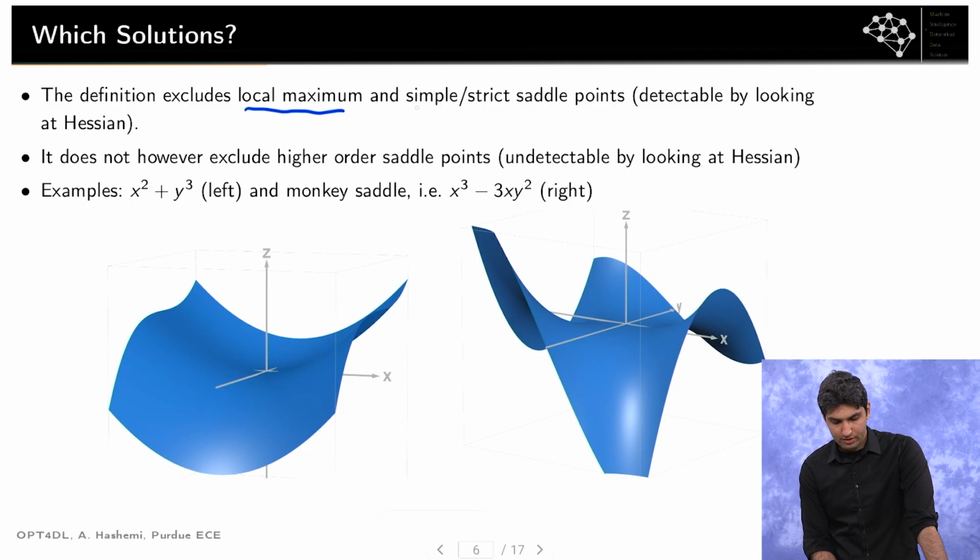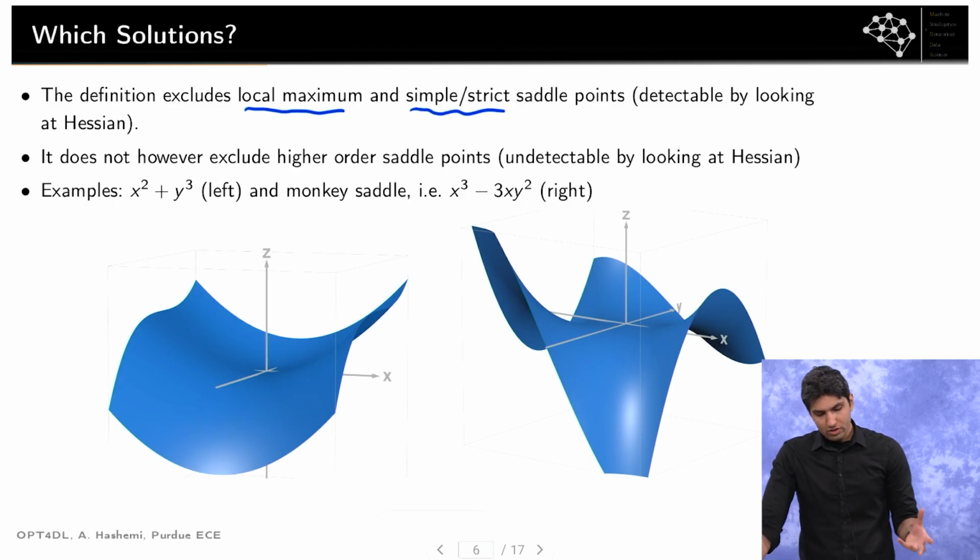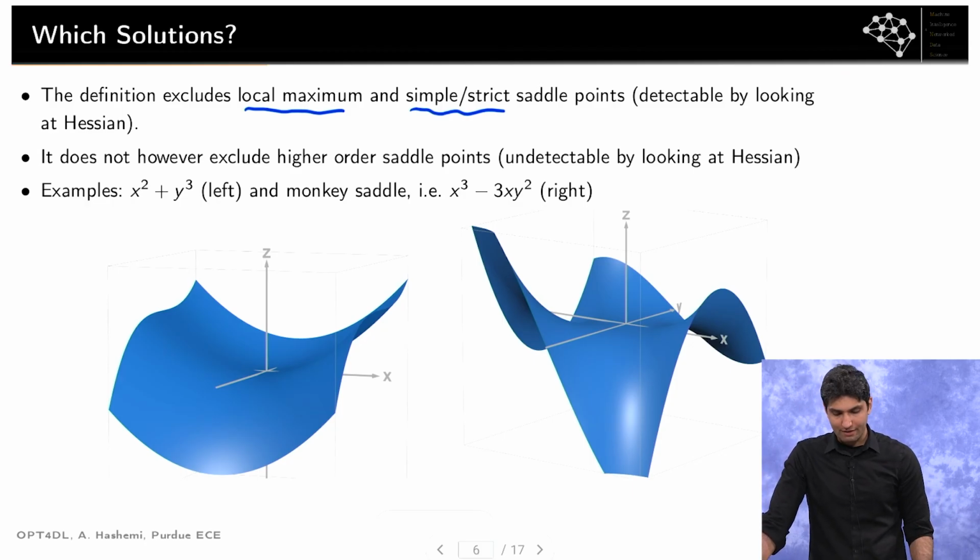Also, we are excluding simple or strict saddle points, like the examples in the previous slide. Intuitively, these are saddle points that we can detect by simply looking at the Hessian, second order information. On the other hand, there are some saddle points that are more complicated. There are higher order saddle points, which basically means that we cannot detect them simply by looking at the Hessian.